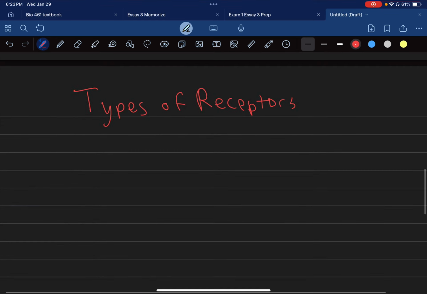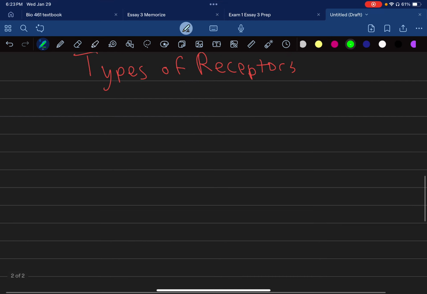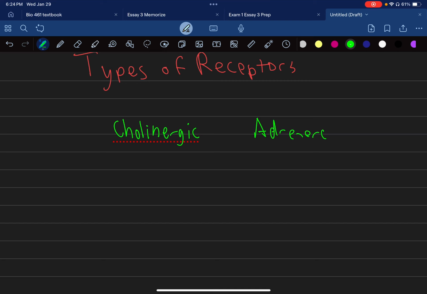So, as far as the receptors go, we're going to have two different types of receptors: cholinergic and adrenergic. I'm not exactly sure how to pronounce those.